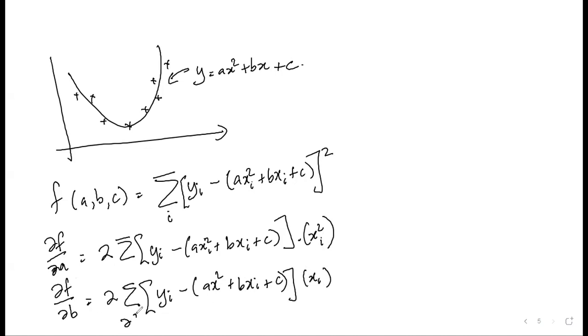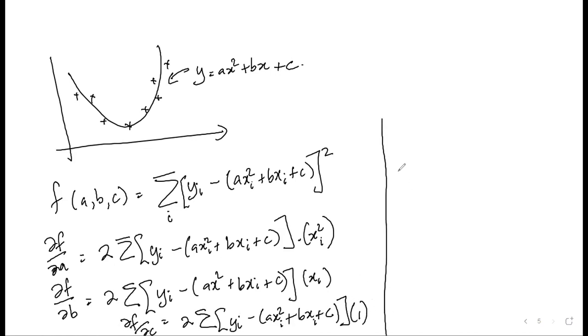And then differentiate with respect to C. So once again, what we are going to end up with, after multiplying through and carrying, is all of them equal to 0.